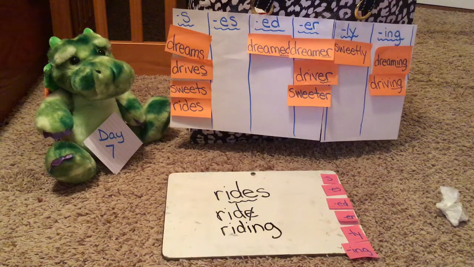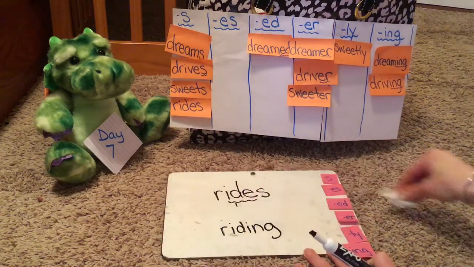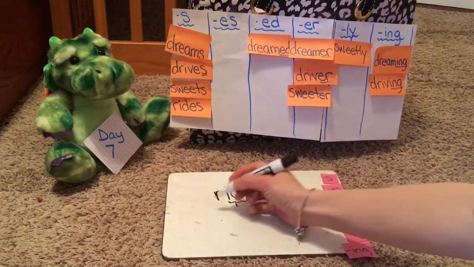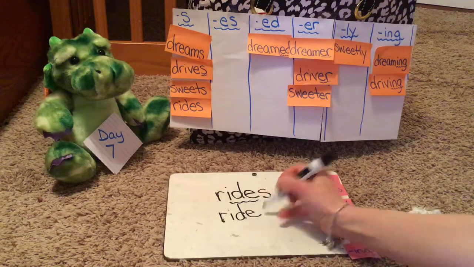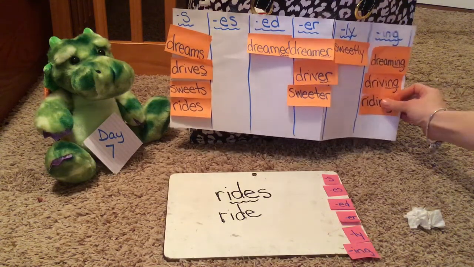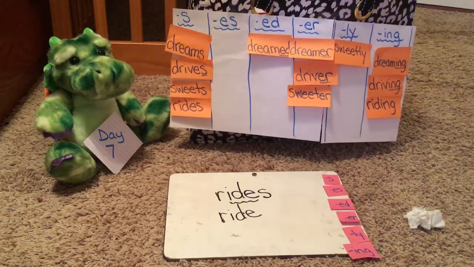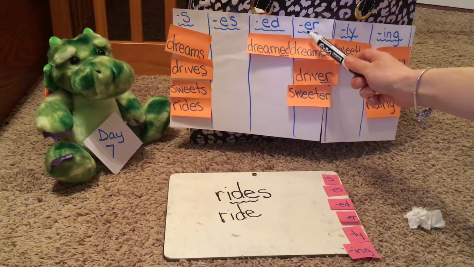All right, now go back to your base word, ride. Erase this one so I have some room. Okay, going back to my base word, ride. And I want you to make this word into rider. And think about how it ends. It ends with a vowel, and I want to make this word rider. This starts with a vowel.